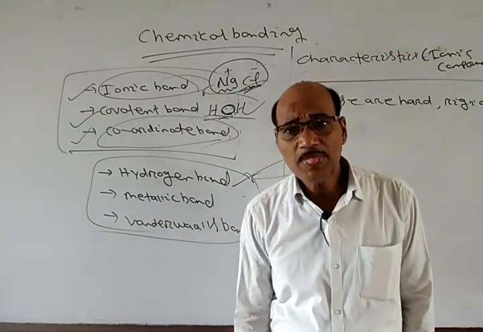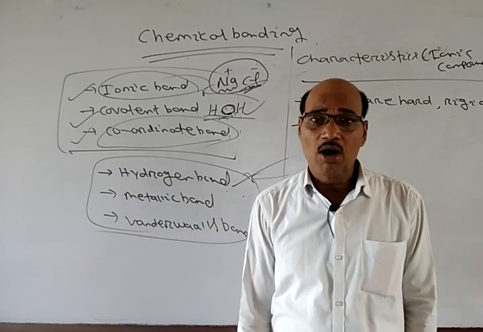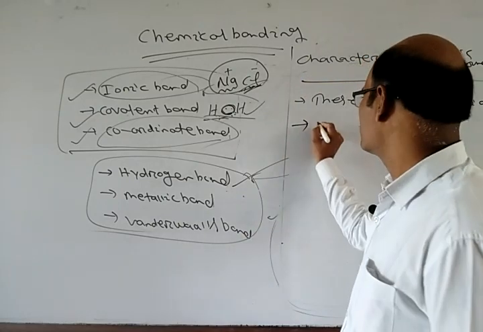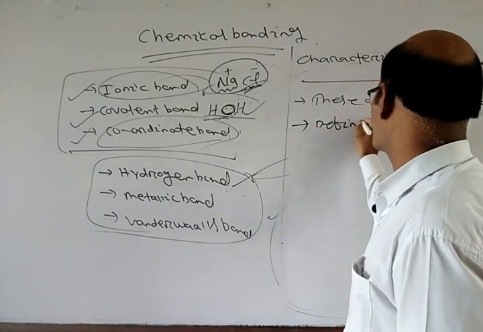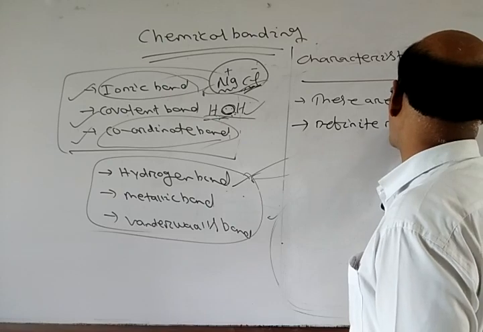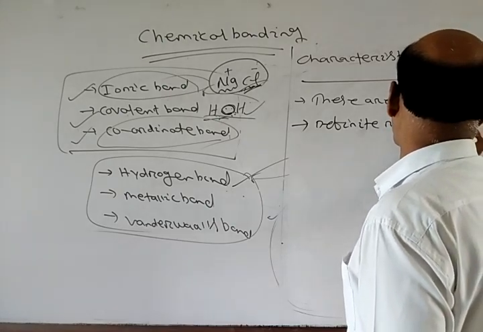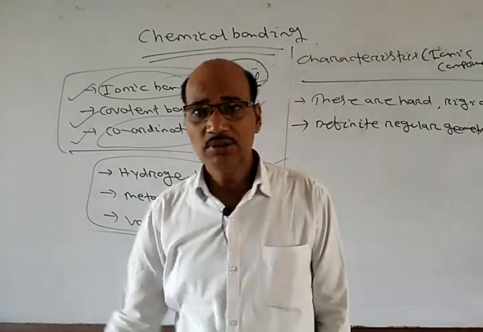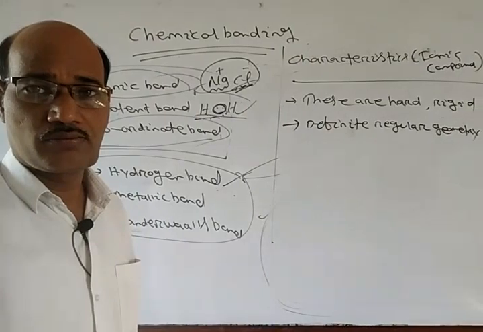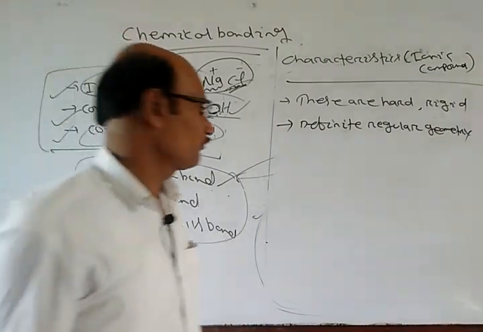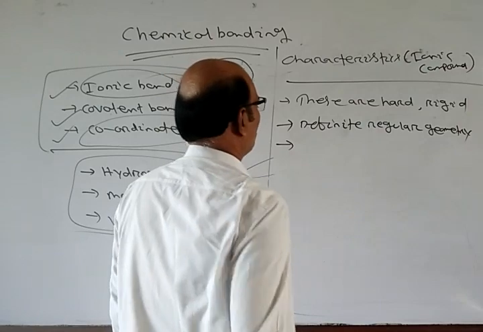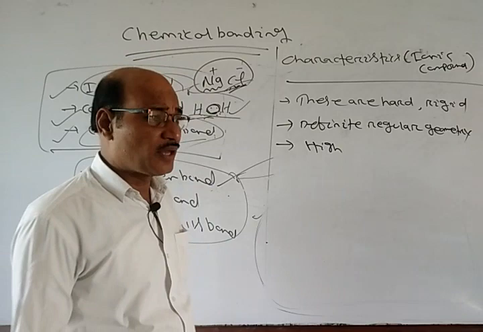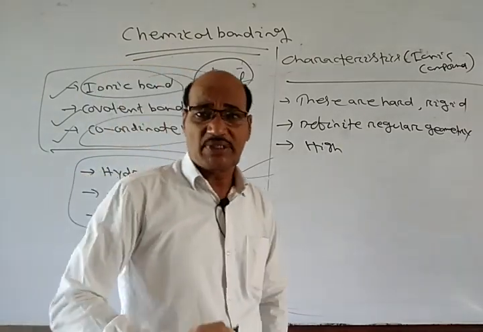In the ionic compounds, the constituent particles are orderly arranged. So we have a definite regular geometry, because the ions are connected to each other with a strong force of attraction.